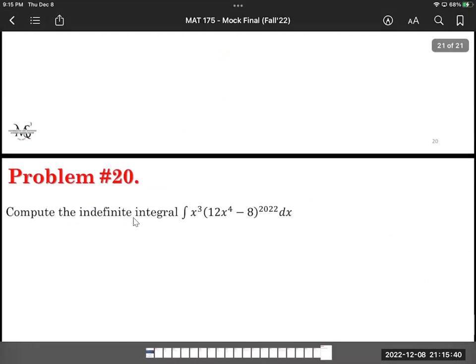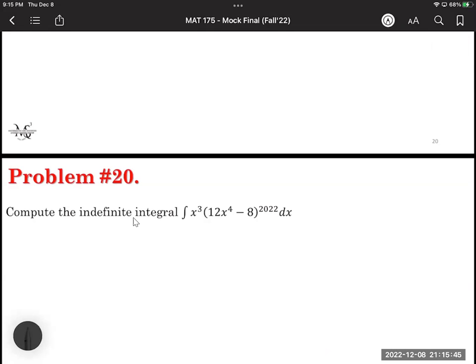Problem 20 says to compute the indefinite integral of x cubed times 12x to the fourth minus 8, raised to the power of 2022, dx. So here, long story short, you have to use u-substitution for integration.